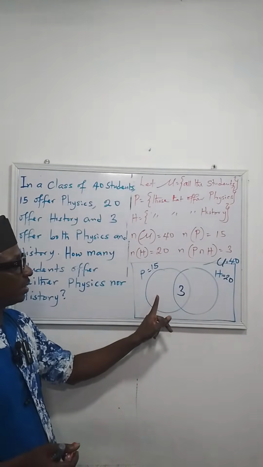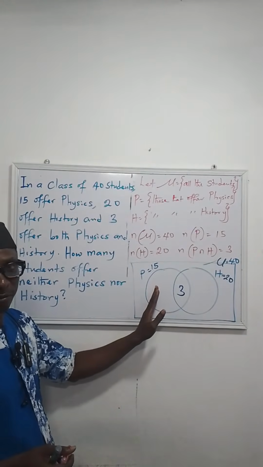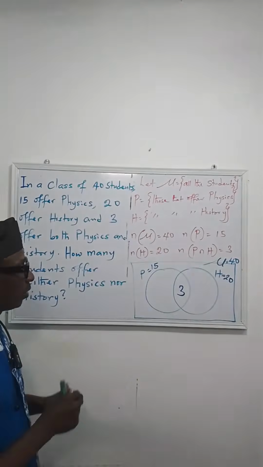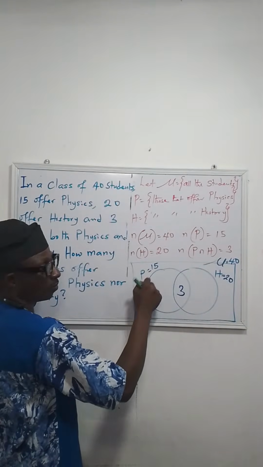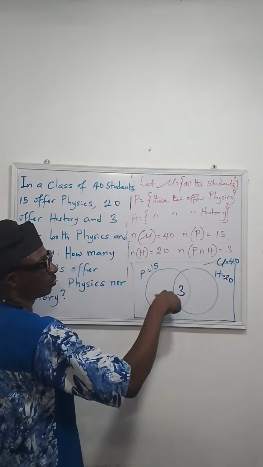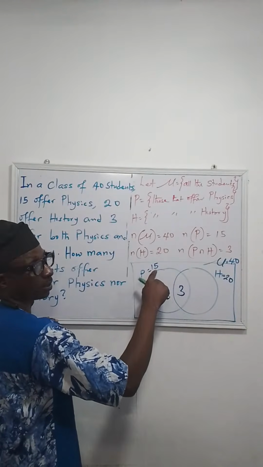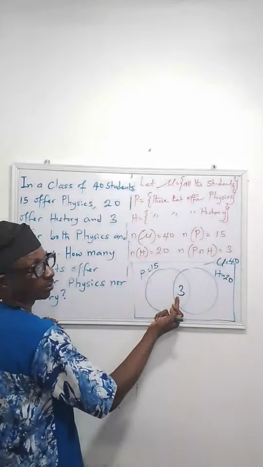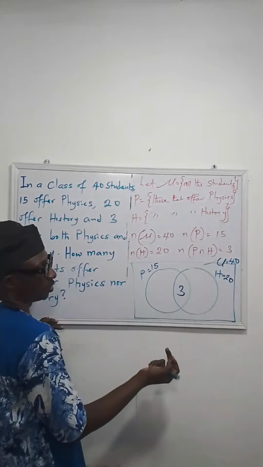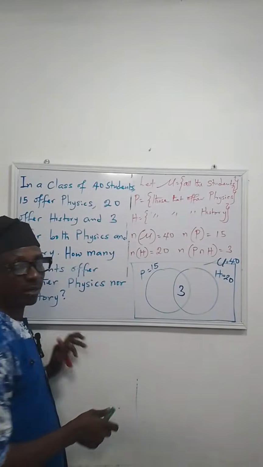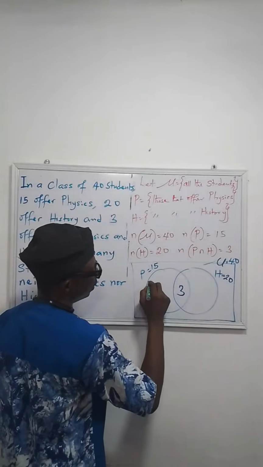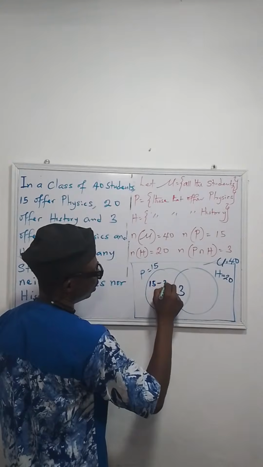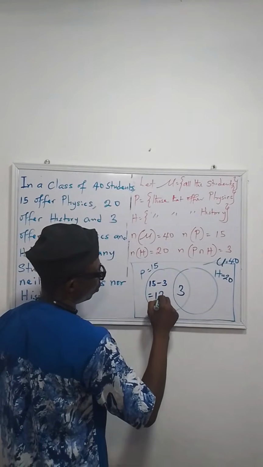Now, let's get the number of those that offer physics only. Now look at it. The whole circle here is meant for physics, and the total number of students in this circle is what? 15. So if we have 3 of them that offer history, how many will be left that do not offer history? So it will just be 15 minus 3, and that gives you 12.